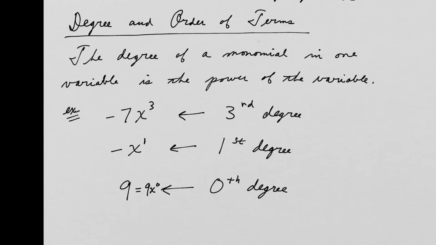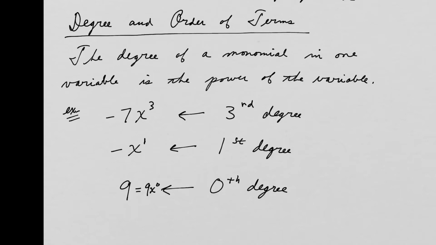Okay, so if you just see a constant, it's degree 0. X by itself, or negative x, or negative 7x. If it's x to the 1, it's first degree. And then if it's squared, it'd be second degree, right, to the third power, third degree, and so on. So it just depends on that power, right? So we just have to look at the exponent. So that's for a monomial.